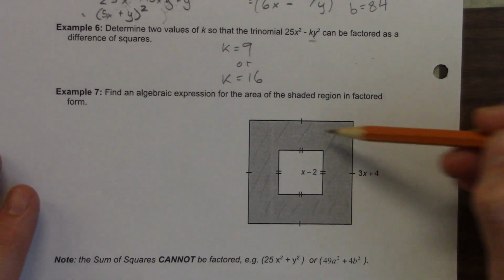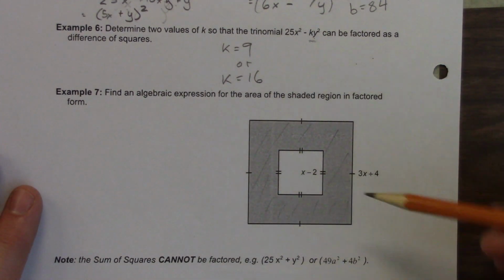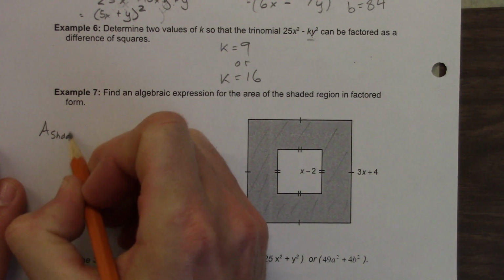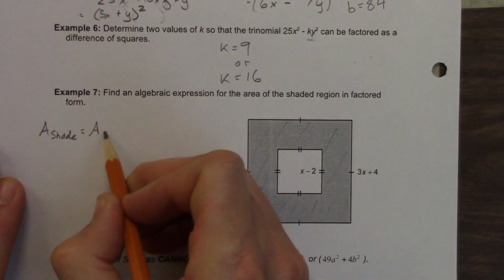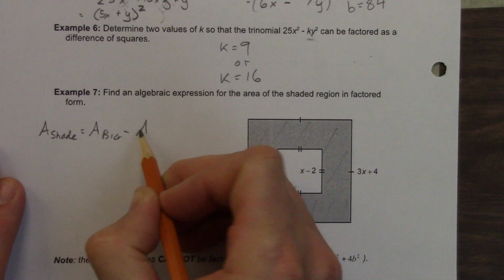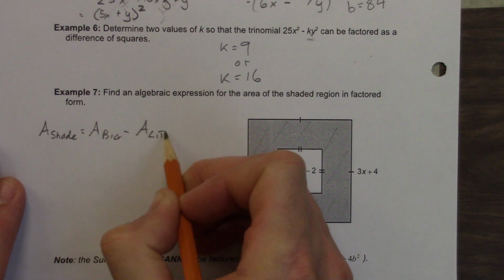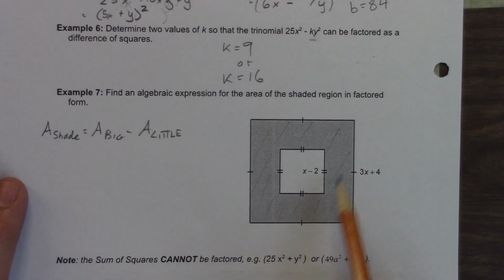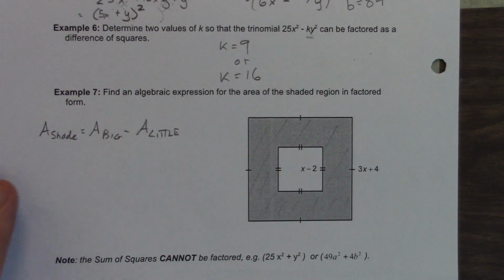Yeah, so find the big square minus the little square, right? So let's say area of shade equals area of big minus the area of little, right? If we take this big area, the whole thing, minus this little area, we're going to get the shaded area. That makes sense? Yeah.